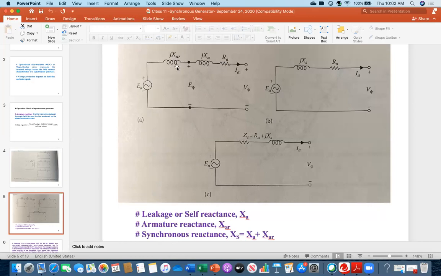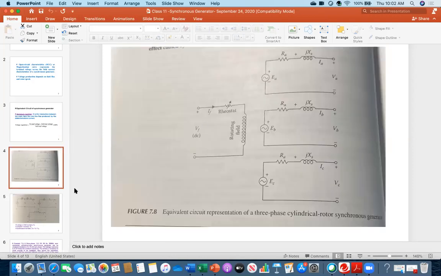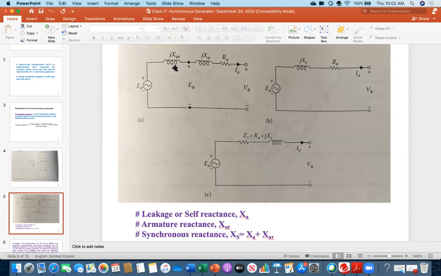But XAR is coming because of the armature reaction phenomenon. Just keep in mind, that's why we have to take it into account. So if you start from the terminal voltage, gradually you have to add the drop IA RA, and then again IA multiplied by jXA, then you will get the voltage here.